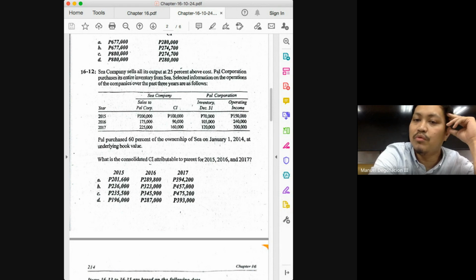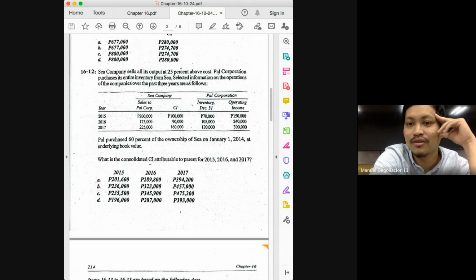Okay, in 2015, we did not have any beginning inventory. In this year, we will now have beginning inventory, which is the ending last year. The beginning inventory here would be 70,000. Okay, but what we need is the markup on this 70. And again, as what we've already computed, the markup on the 70 is 14,000.